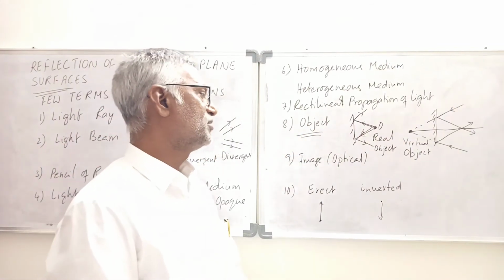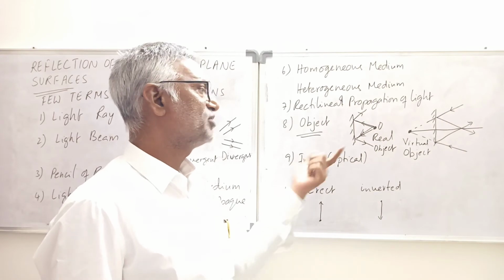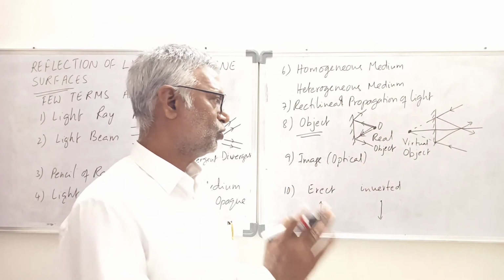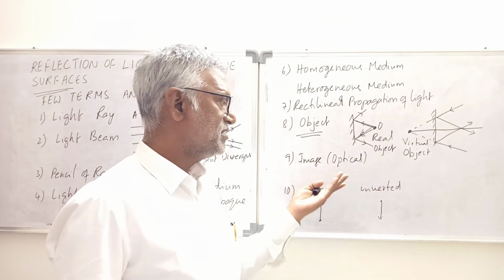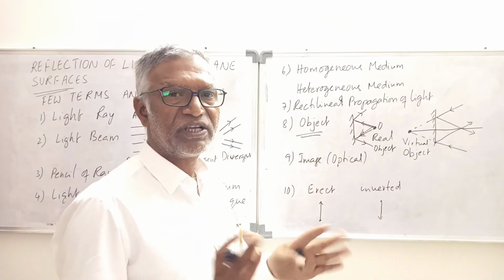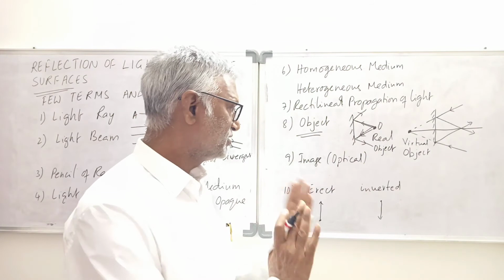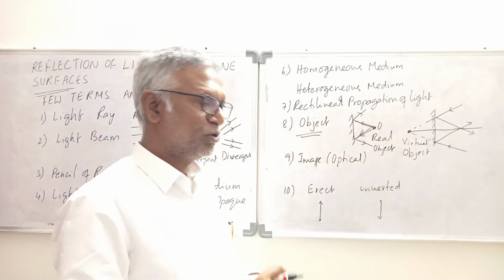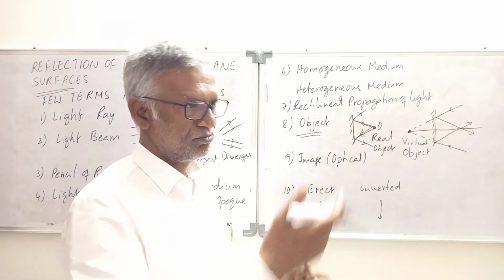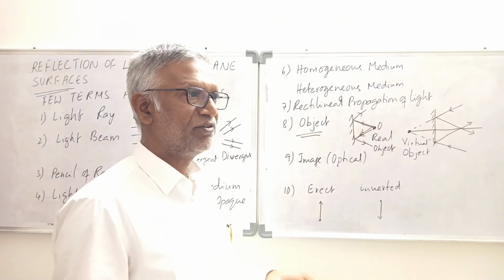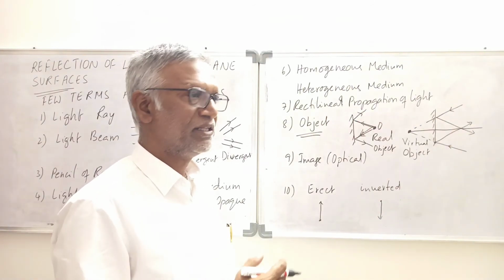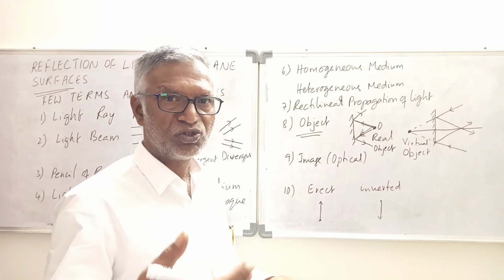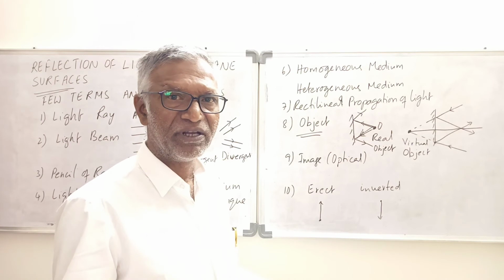Image, optical image. Generally, real image and virtual image will be there. A real image we will be able to catch on a screen, and virtual image means we cannot catch it on a screen. Image means you can see your image in the mirror, a plain mirror for example. Regularly we watch the mirror in the house, and also in cars and bikes you have a side mirror.